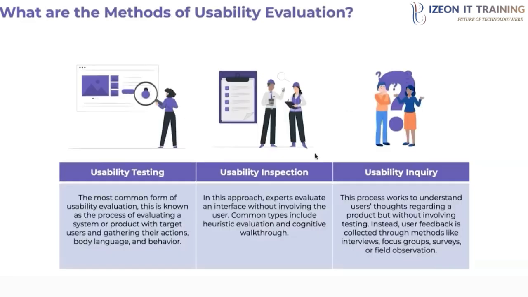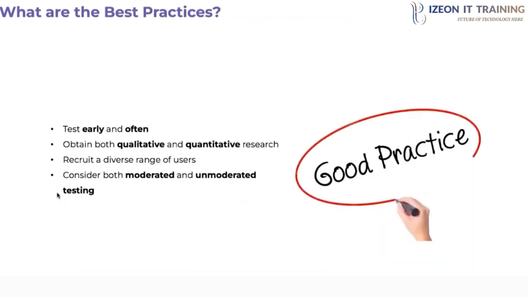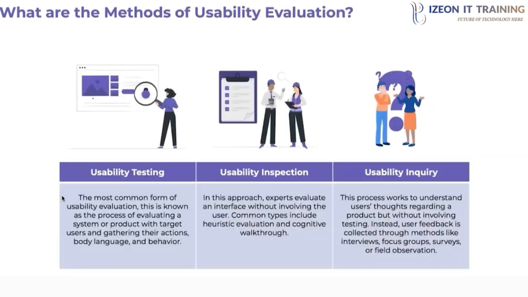So what are the methods for usability evaluation? Let's see. One is usability testing. The most common form of usability evaluation is the process of evaluating a system or product with target users, gathering their actions, body language, and behavior. This method is direct and user centric.